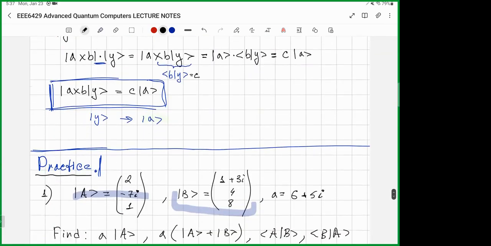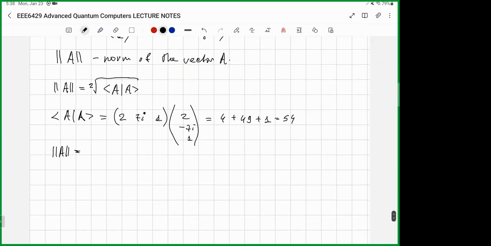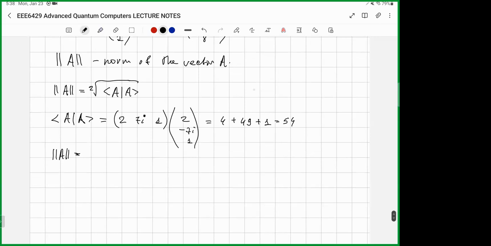Okay. So before, when we calculated the scalar product of two vectors, we would write something like a vector dot a vector. Yes.